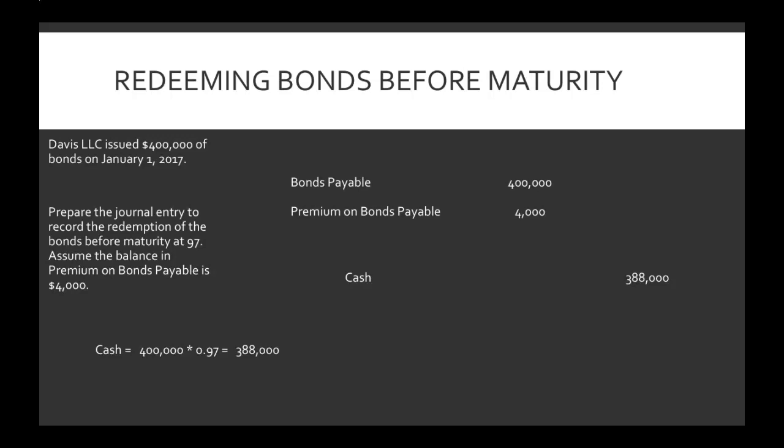But we only had to pay $388,000. So we had a gain on bond redemption. We can find this number by taking your bond's carrying value minus the amount of cash that you paid, and you will get $16,000.